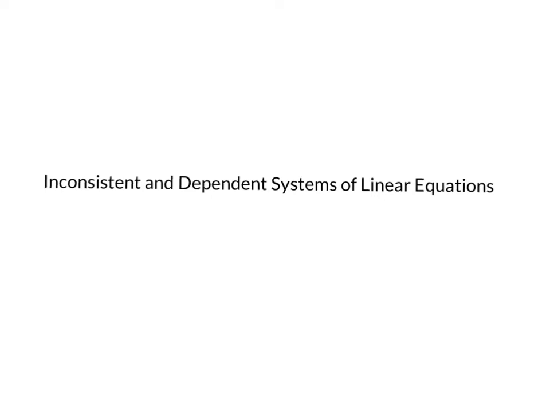Hi everyone. In this video we're going to be talking about inconsistent and dependent systems of linear equations. I started talking about this a little bit in the last video when we were graphing systems of equations.